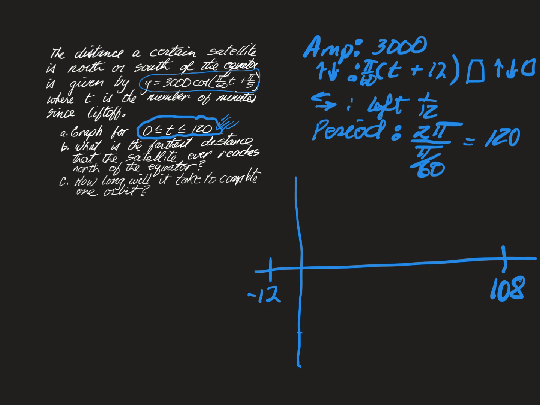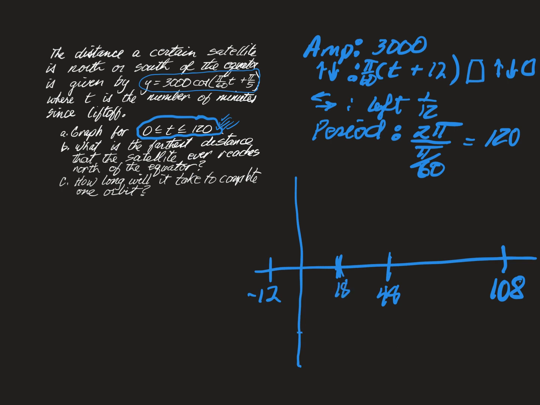Which would be halfway between, those look to be about the same size. That's at about 48. So 108 plus negative 12 is 96 divided by 2. And then 48 plus negative 12 is 36 divided by 2. So about 18.